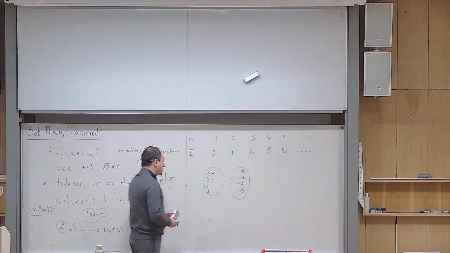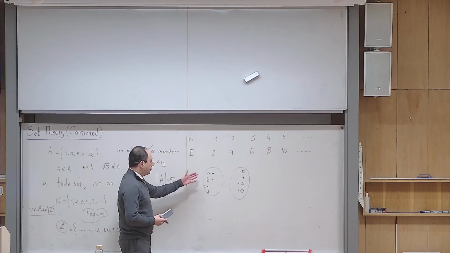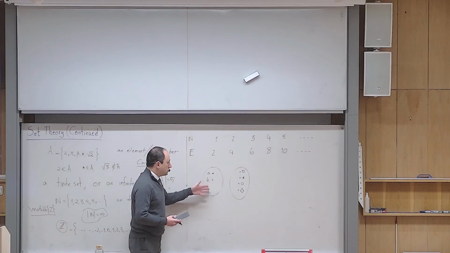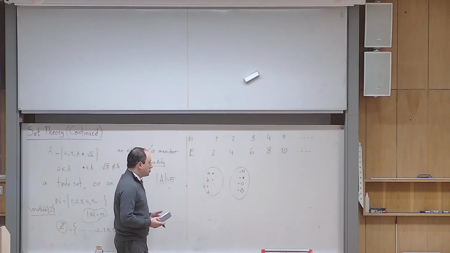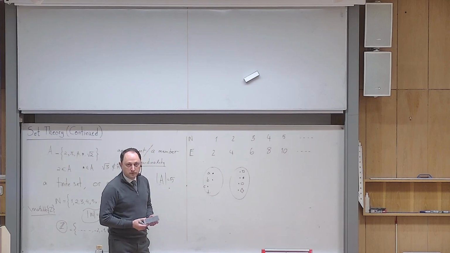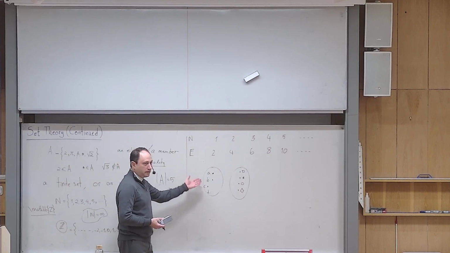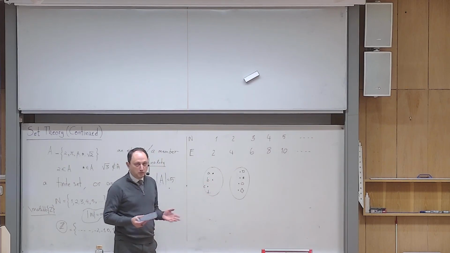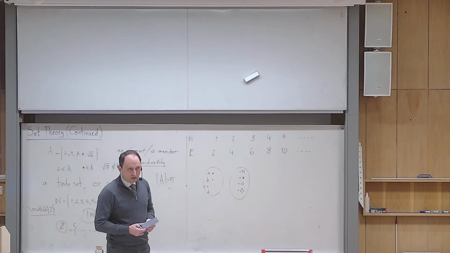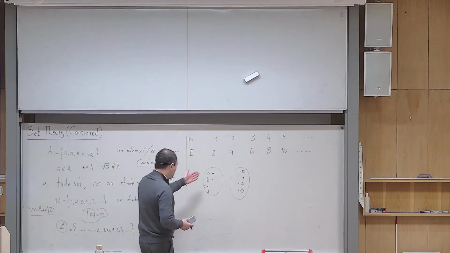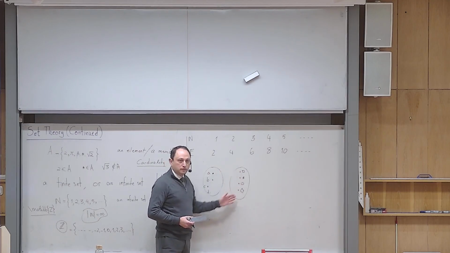Okay. So if I ask you whether the number of elements in these two sets is the same, of course you would immediately answer yes. How do you answer that? Usually, how do you answer why the number of elements are the same? Yes? You just count them. 1, 2, 3, 4. 1, 2, 3, 4, so they are the same.